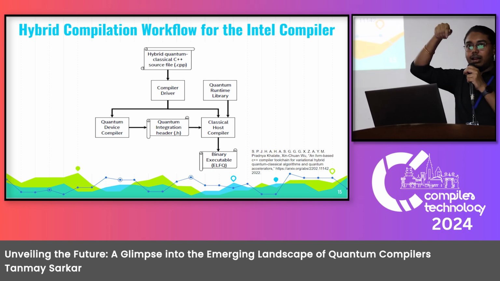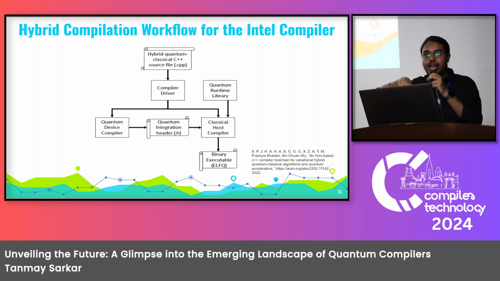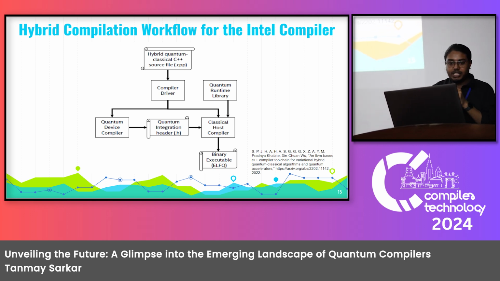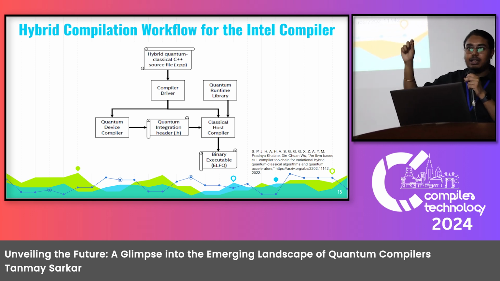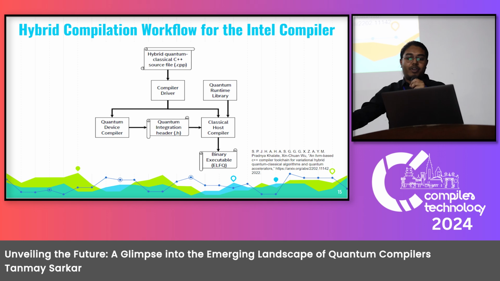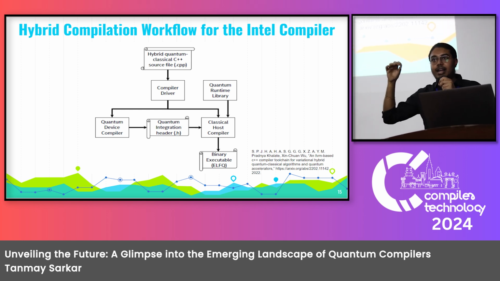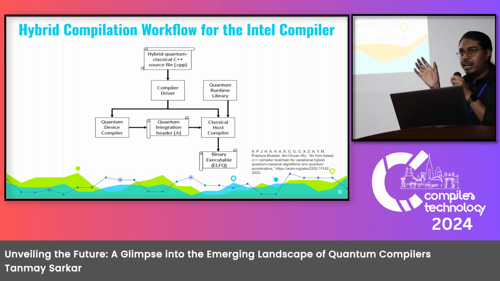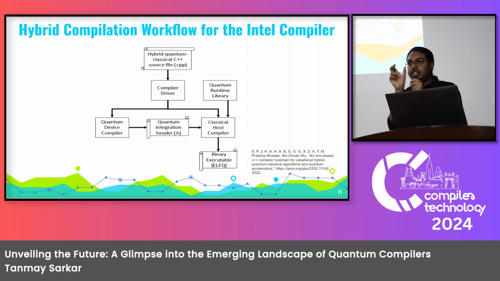Then it gives it to the quantum device compiler, which does its compilation steps and the quantum optimizations. They also provide a quantum intrinsic header which has all the definitions of the qubit gates. Ultimately they come up with a quantum integration header file that has the function name, function length, and the parameters.